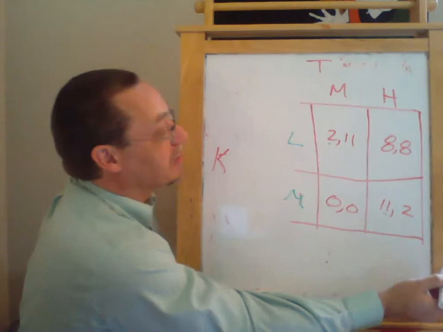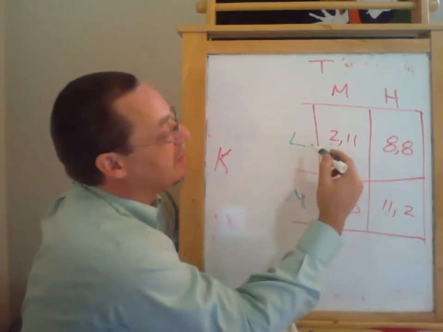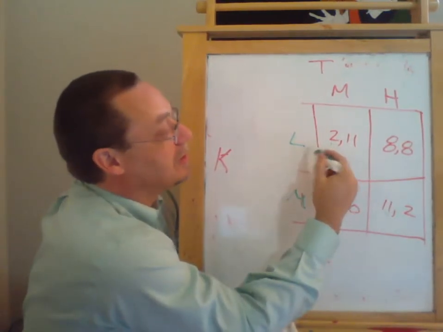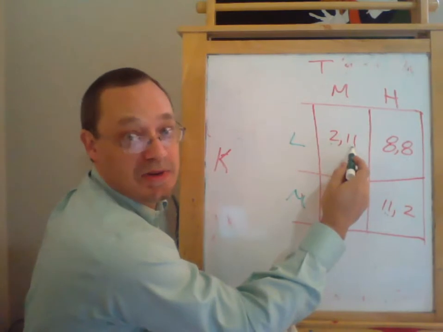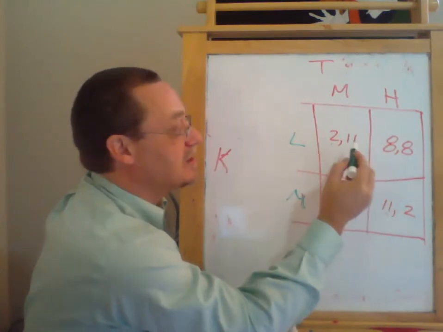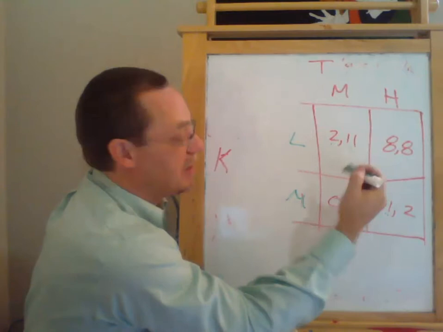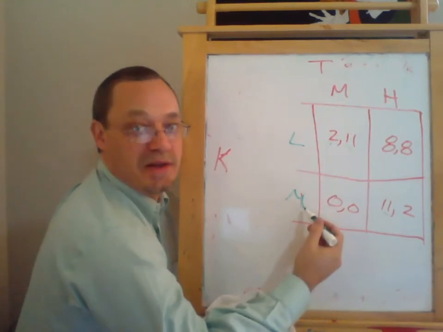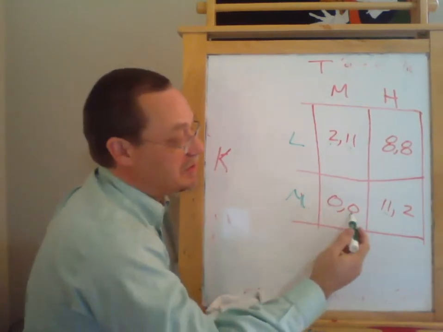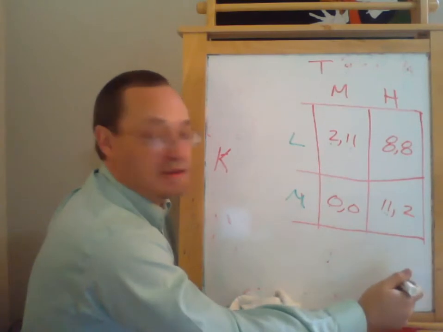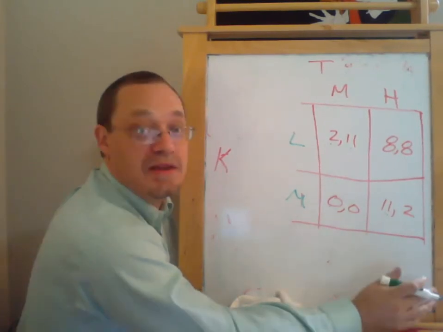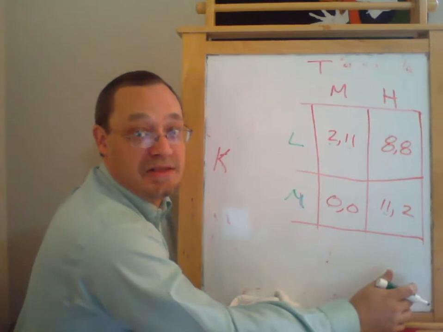What about Target? Well, if Kmart plays L, Target has a choice between 11 and 8, so Target should play middle. If Kmart plays middle, Target has a choice between 0 and 2, and so Target should play high. So neither firm has a dominant strategy in this game.